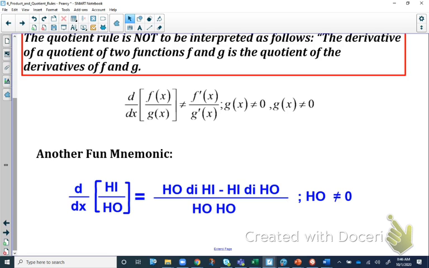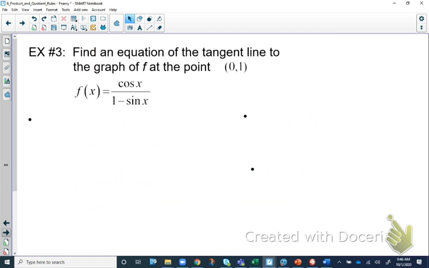So you could use this one as ho D high minus high D ho, over ho ho. But I prefer low D high minus high D low over low low. Maybe that's just because of experience, but to me it just sounds better. But as long as you do it in the proper order, you should be fine.